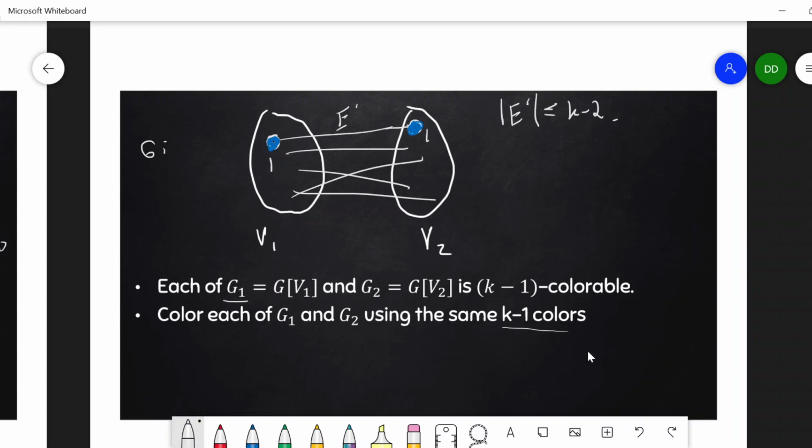That is, if I smash these two colorings together, I don't end up with a coloring of G. For otherwise, I would have a k minus 1 coloring of G. So I have to have something like this.